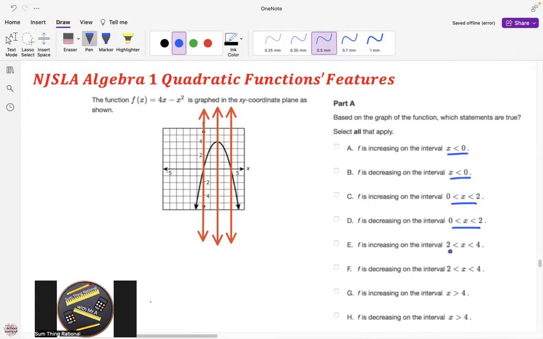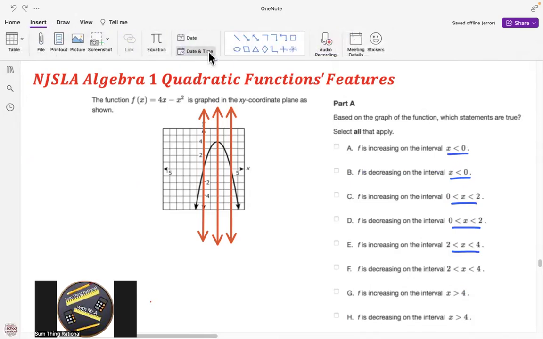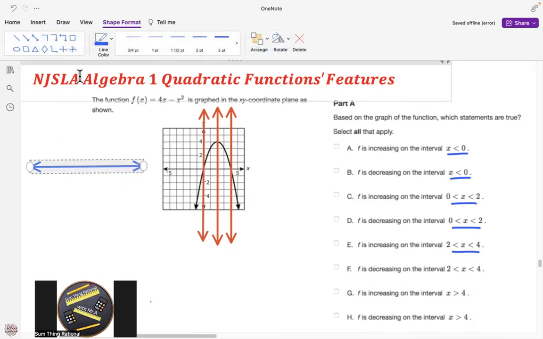We remember these intervals from when we solved one-variable inequalities, and most probably you remember that from middle school also. Let me draw a straight line like this.